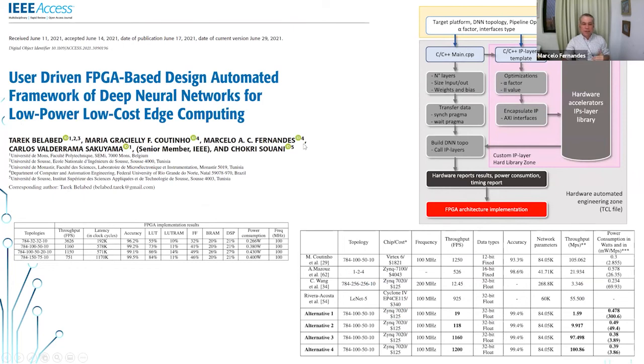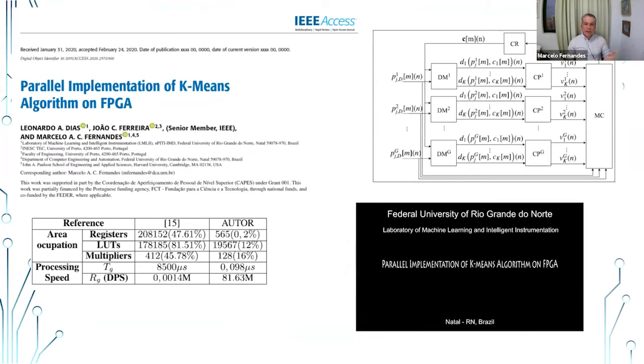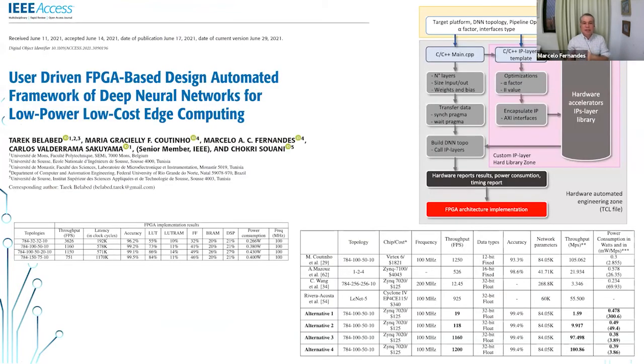In all the last cases we created specific hardware. Now we have been working on a platform that transforms the Python language into an FPGA implementation, to make a high performance FPGA implementation from a Python implementation.